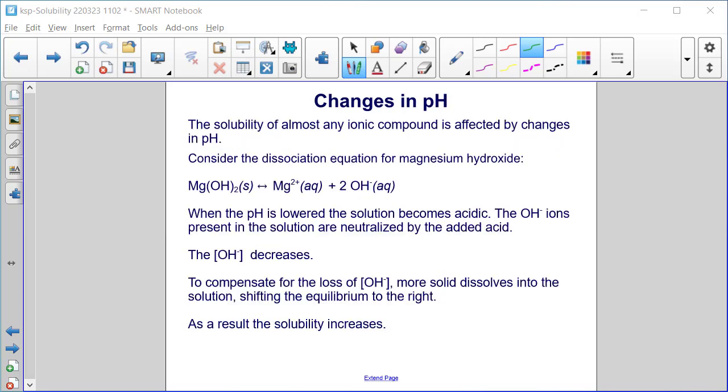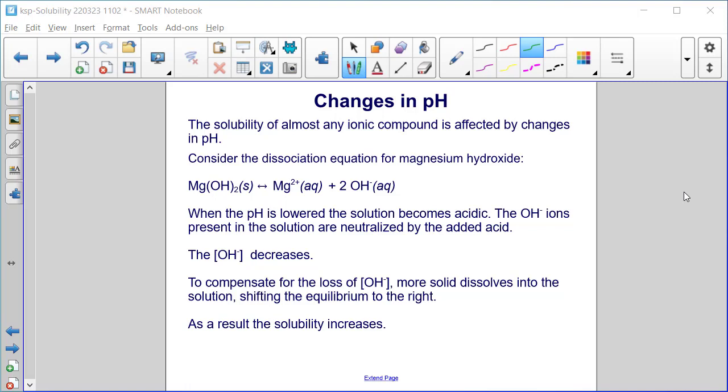Changes in pH. The solubility of almost any ionic compound is affected by changes in pH. Consider the dissociation equation for magnesium hydroxide, where magnesium hydroxide, solid, dissociates into magnesium ions and hydroxide ions. When the pH is lowered, the solution becomes acidic.